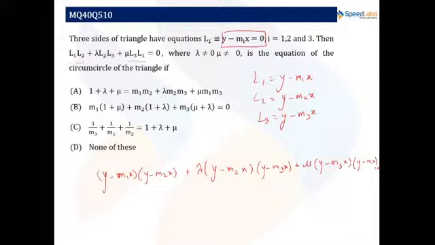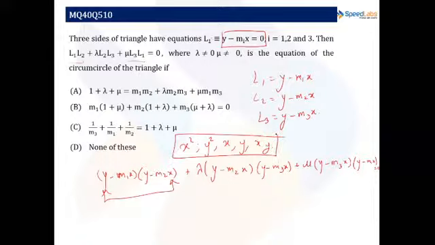See, we will simplify this. We will get an equation in terms of x square, y square, x, y, even in terms of x into y.